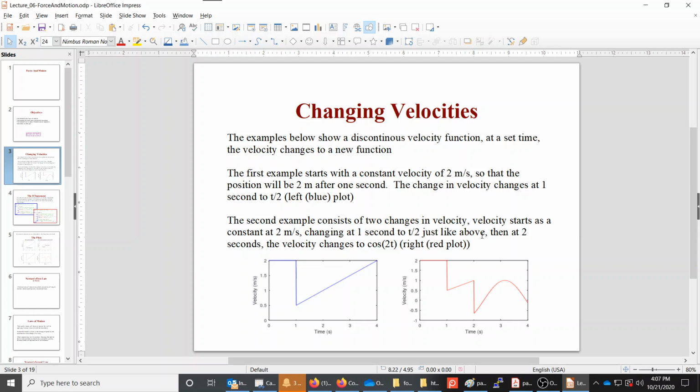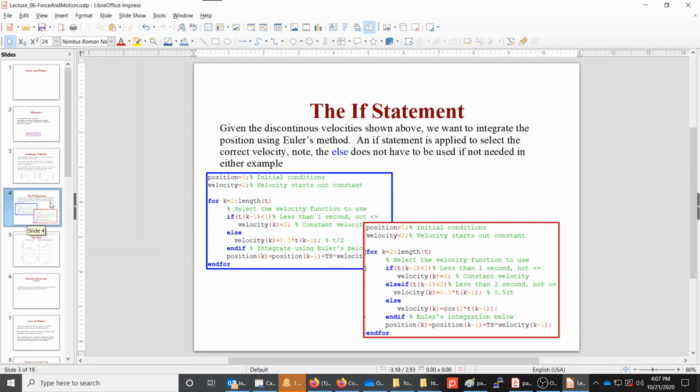Sometimes it might be where it happened as opposed to when, but whatever the cause is, we can use that cause to trigger the change inside of our simulation. The way we do that is with an if statement. You can see down here we have if and then else, and then of course there's an end if.